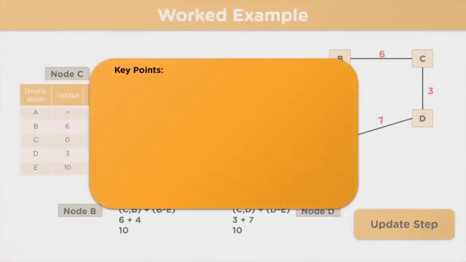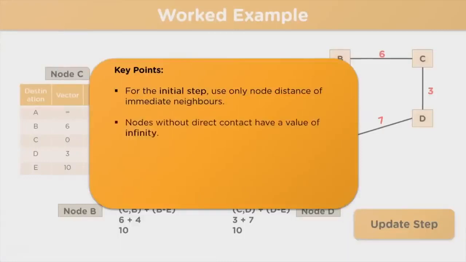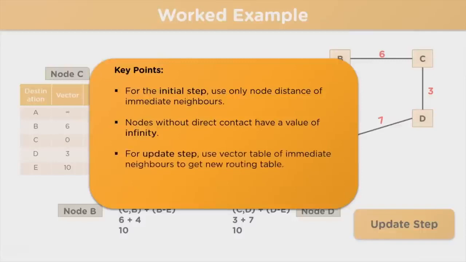Now, to look into some key points we learned. For the initial step, use only the node distance of immediate neighbors. Nodes without distance that is directly linked to each other is always infinity. For the update step, use the vector table of only the neighboring nodes we have for the initial node.